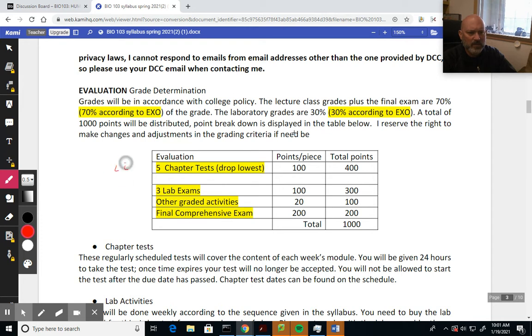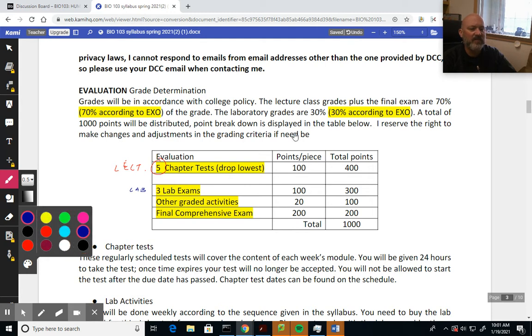In the lecture, there's going to be 5 tests, but we're gonna drop one. So if each test is 100 points and we drop one, that's 400 points. Then we're going to have lab. In lab, we have 3 lab exams, 100 points apiece. We don't drop the lowest one of those. So right now that's 700 points.